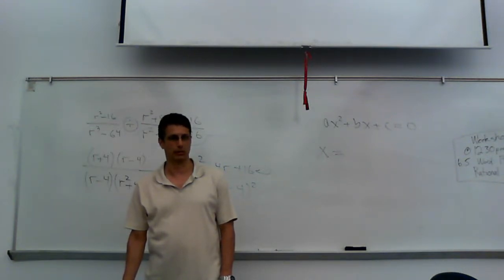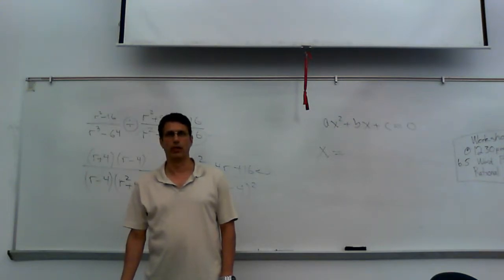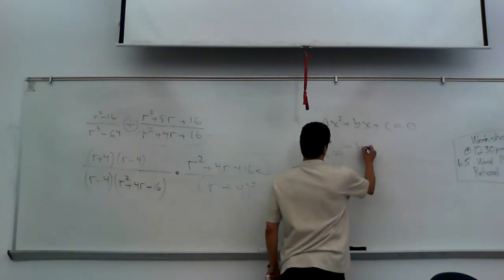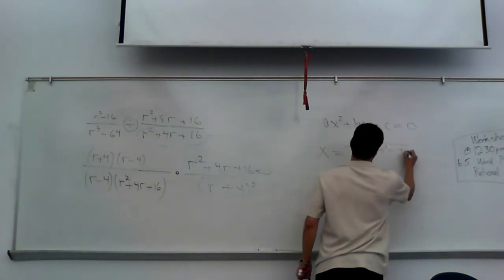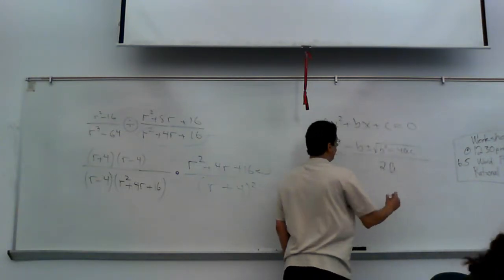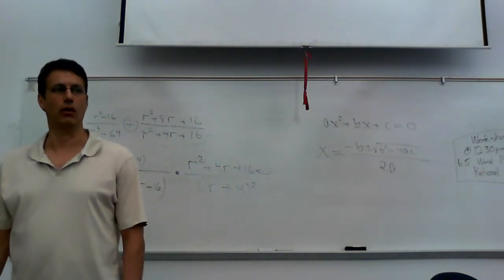Ax squared plus bx plus c is equal to 0, a quadratic equation. X is minus b plus minus the square root of b squared minus 4ac over 2a.